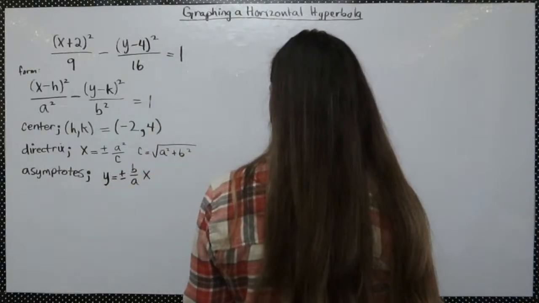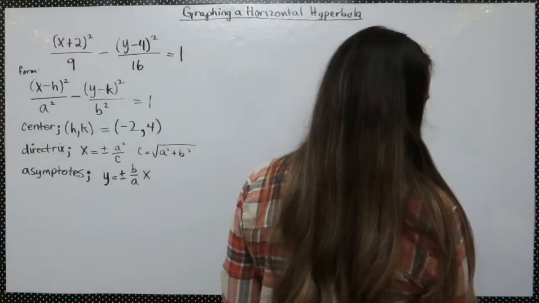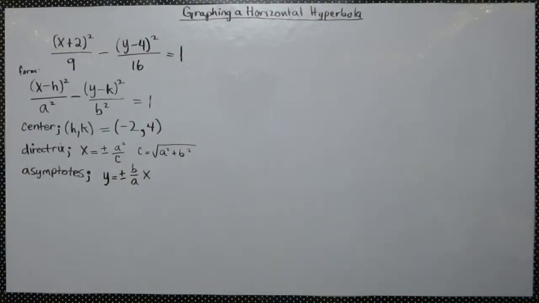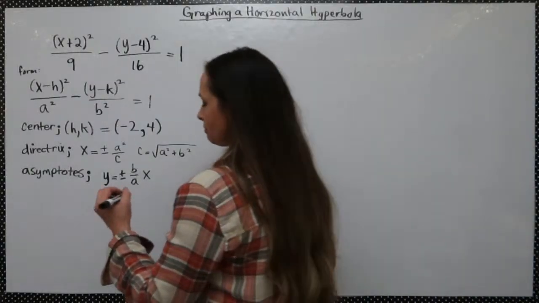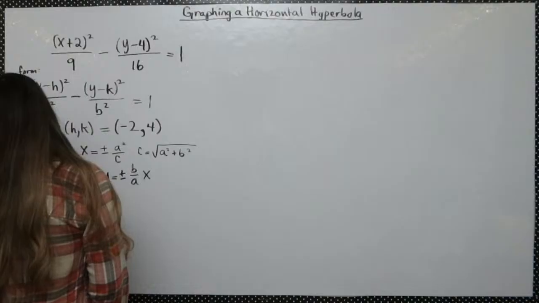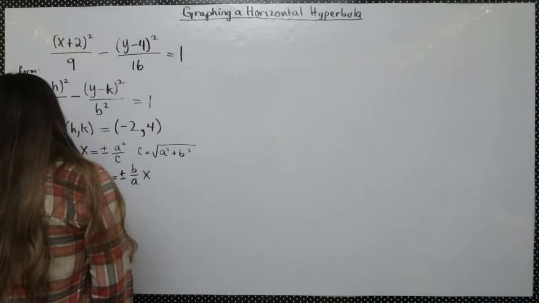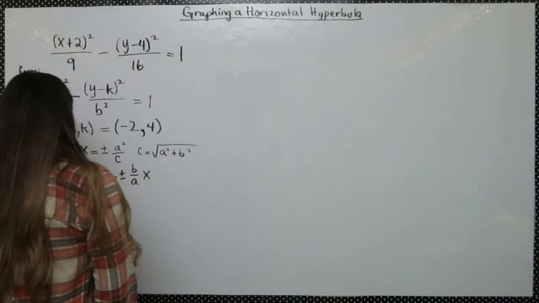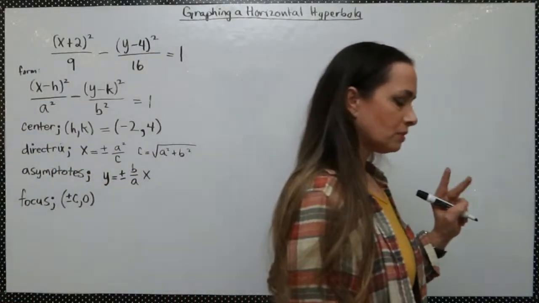And then there are foci, the plural of focus, and there's two of them. For horizontal, they are at plus or minus c, comma 0. We'll put those in here, focus. Ordered pair, it's plus or minus c, comma 0 for horizontal, and then it's reversed for vertical.